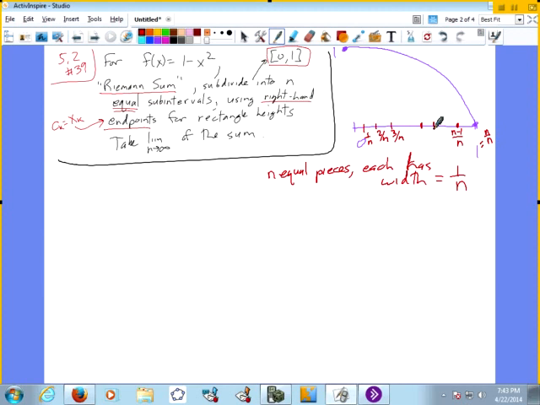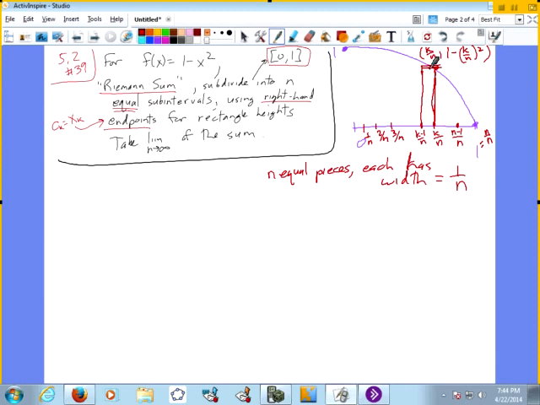If we take rectangle number k, that would be k minus 1 over n up to k over n. We're supposed to use the right-hand endpoint. So this is k over n for the x value, and 1 minus the x value squared for the height.